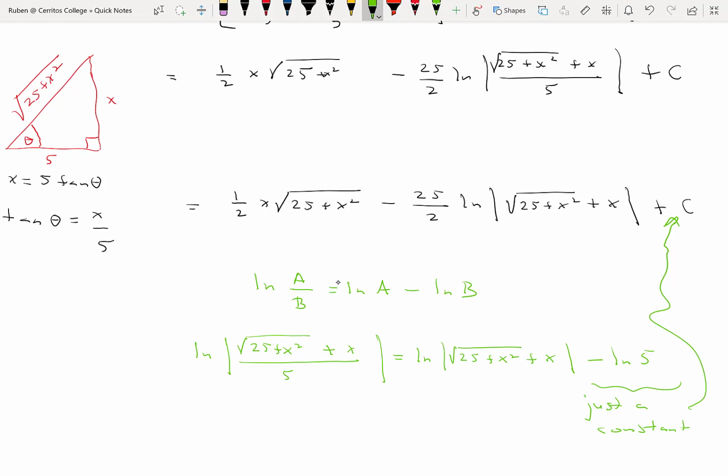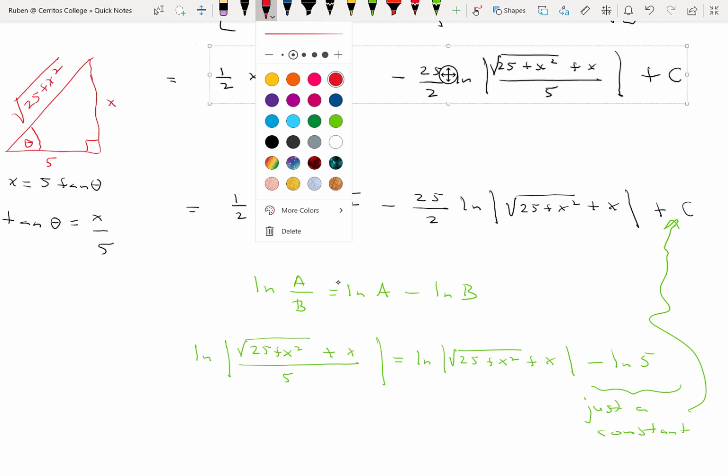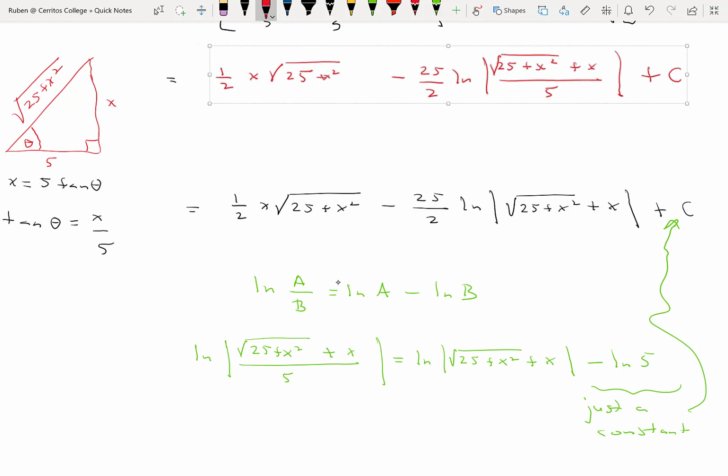That's about the shortest explanation I can give. But you don't have to worry about that. You can write your solution just like I'm highlighting in red, with the 5 underneath the radicals within the logarithm, and that's just fine.